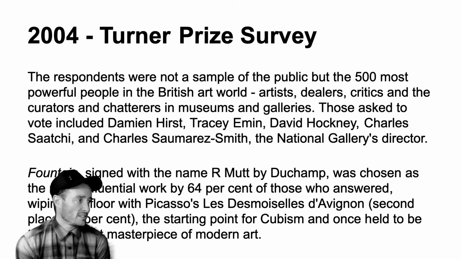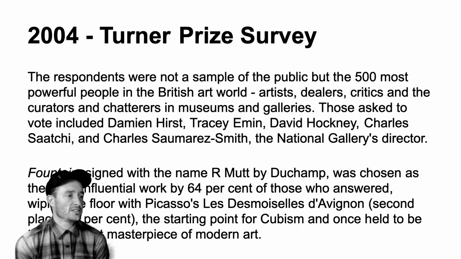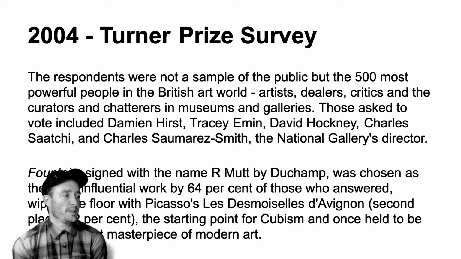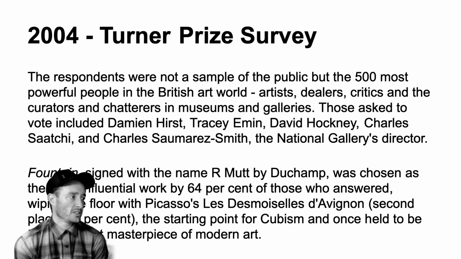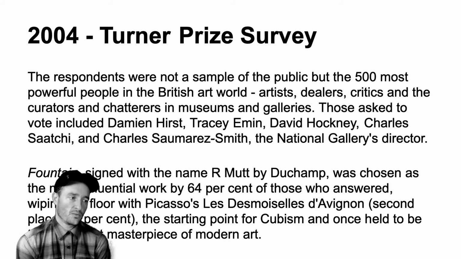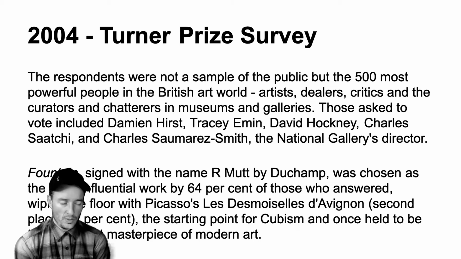Now, these are artists, dealers, critics, and curators, and people who are part of the museums and galleries. And they were asked to vote on what they consider the most significant artwork that influenced their ideas around art.